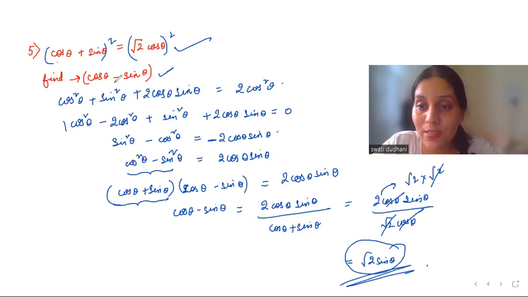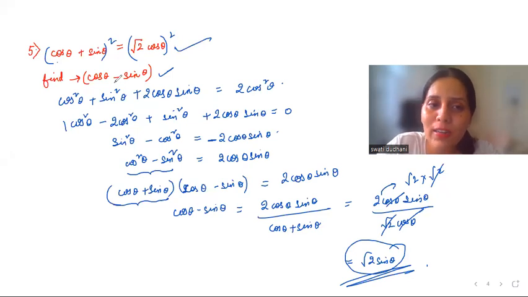Now, second point is you always need to keep an eye on the right-hand side and see what T ratios it has. If it has sine and cos, accordingly, you should convert the left-hand side to sine and cos. Third, the lesser the trigonometric ratios, the easier the question is. So if you have limited trigonometric ratios, let's say 2 ratios, the question will become easier.